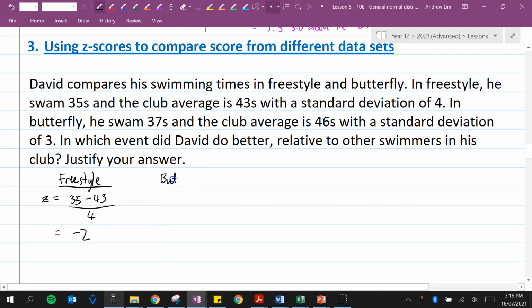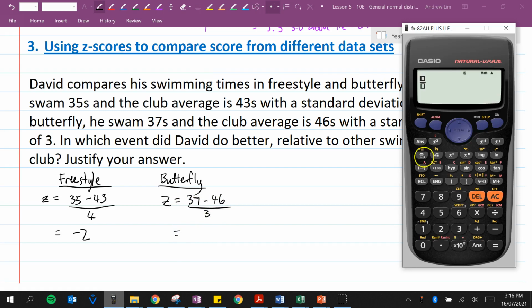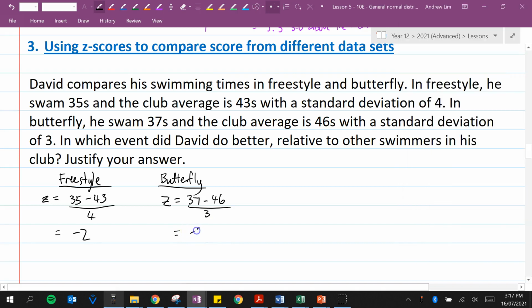Butterfly, his z-score is equal to his actual score of 37 minus the club average of 46 over the standard deviation of 3. So his z-score is -3.